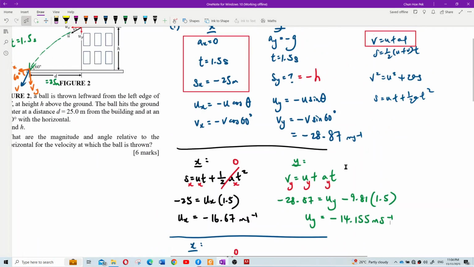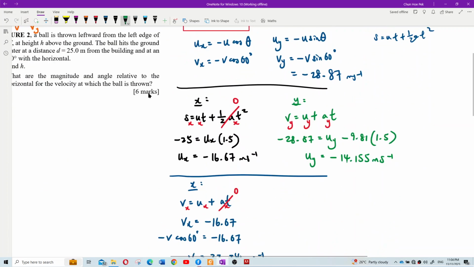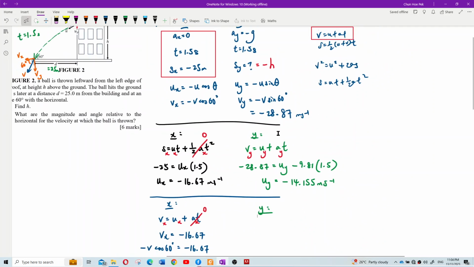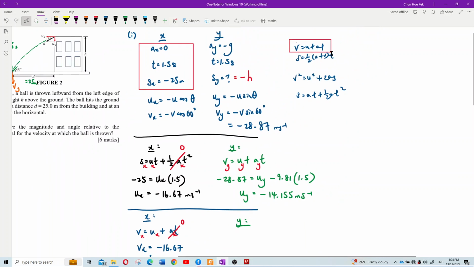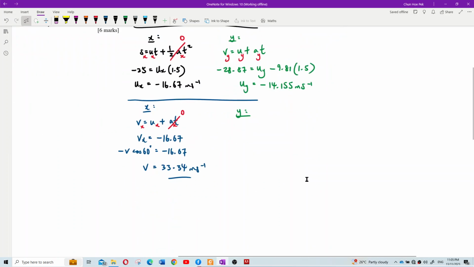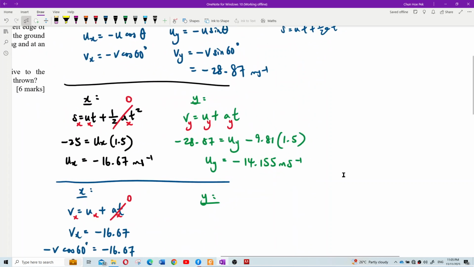So now I can find my h, class. Using which formula? Use this: s equals half u plus v times t.